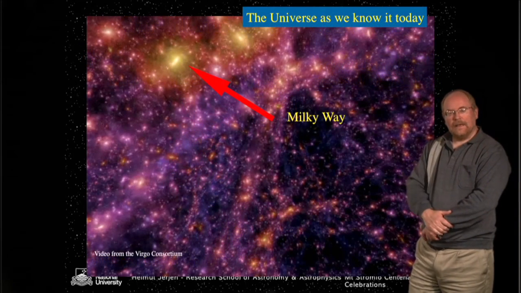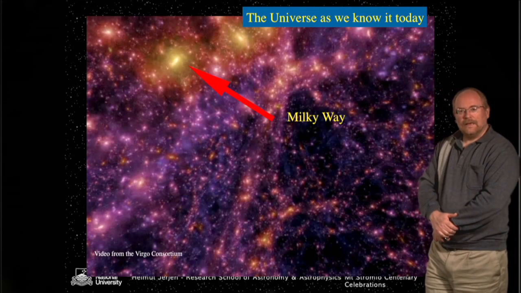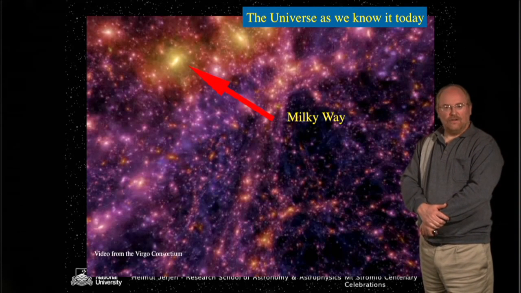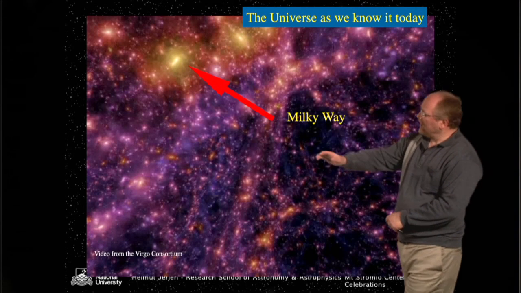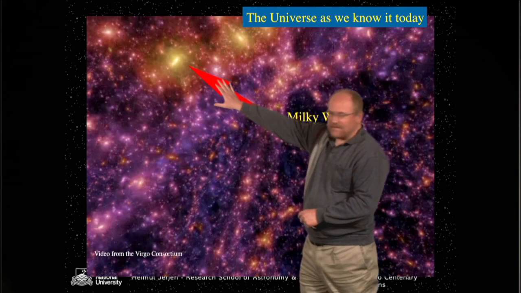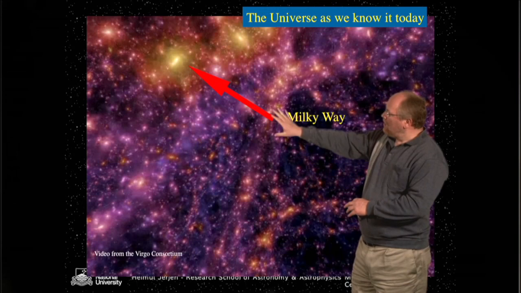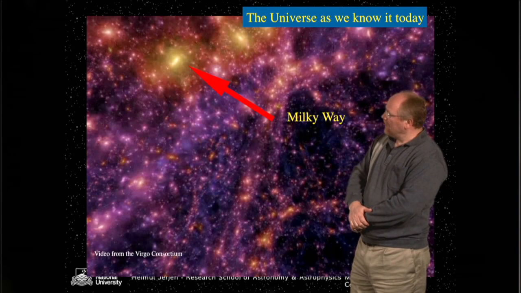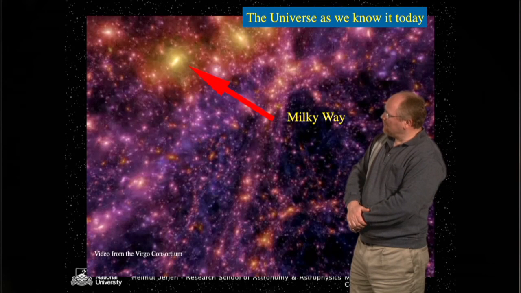Now, I show you a little movie here that shows roughly how we imagine today the universe looks like. We have here indicated with the arrow, that's a simulation, so this is not real, but this is a very close simulation, very close to what the universe is expected to look like.